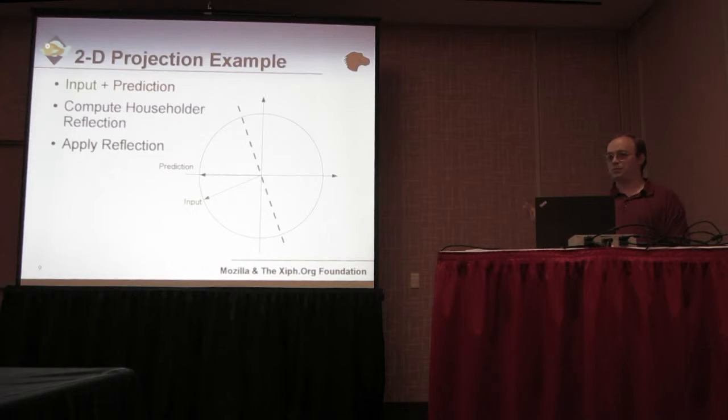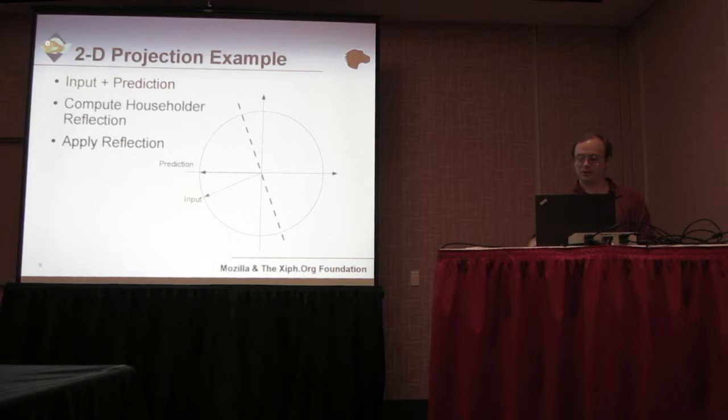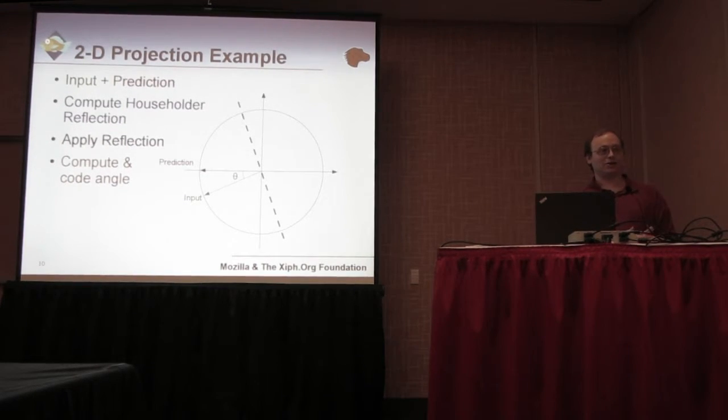In particular, we always pick the axis where the coefficient of that vector has the largest magnitude, just for numerical reasons. So we reflect both the prediction and the input, and now I can compute and code the angle between these two things. And what this angle is doing is really saying, how close are you to the prediction?